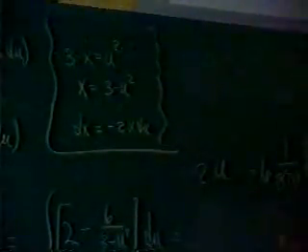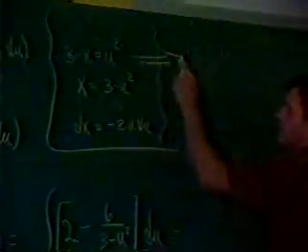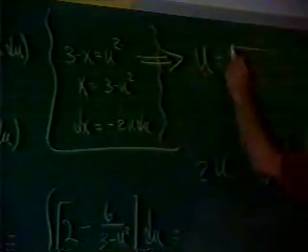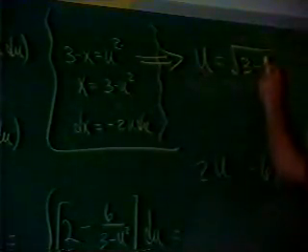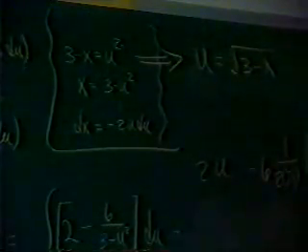My substitution was this. It said we're going to let 3 minus x be equal to u squared. That tells me that u is going to be the square root of 3 minus x.